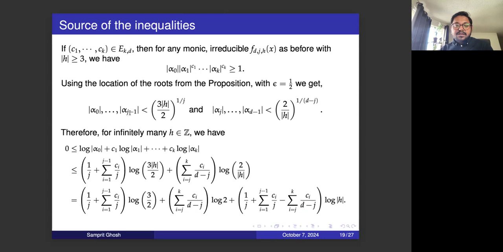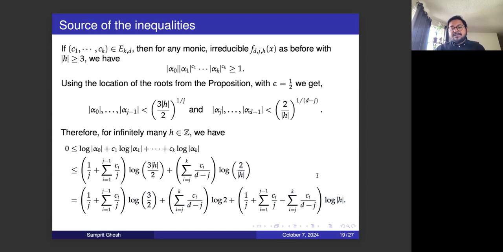And then we are using these locations of the roots to say that 1 over j plus this, and then we are separating this log 3 over 2 and the log and this mod h part. Right? So it gives 1 over j plus the sum for i equal to 1 to j minus 1 of ci over j times log 3 over 2. Then there are some coefficients of log 2, and then there's a whole bunch of coefficients for log mod h.